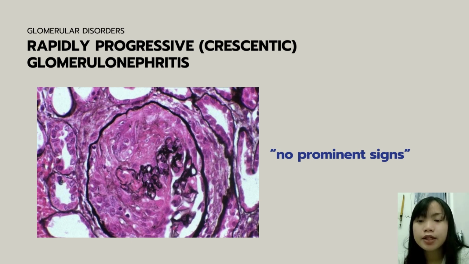And ayun nga, si RPG, unlike kay AGN na manageable, si RPG naman ay nagko-cause ng permanent damage sa capillary tufts. And ang permanent damage sa capillary tuft may produce crescentic formation containing macrophages, fibroblasts, and polymerized fibrin.